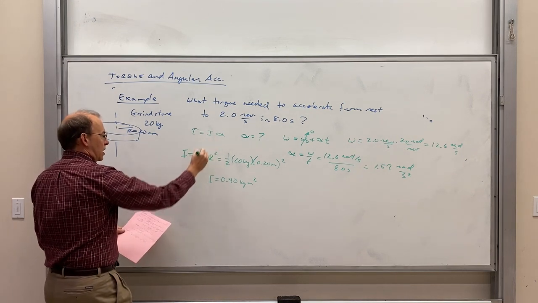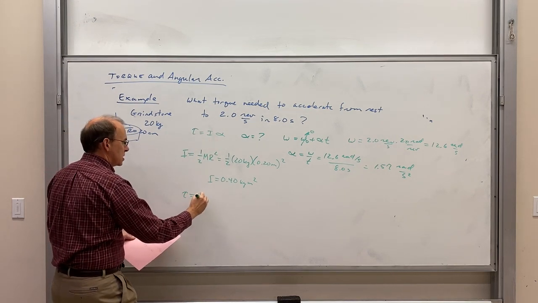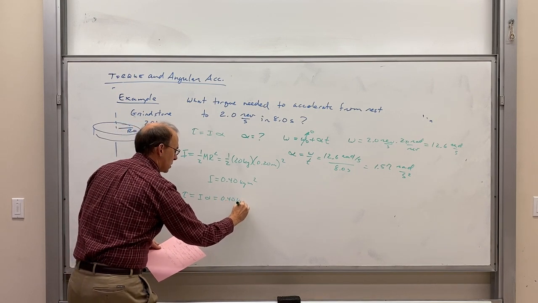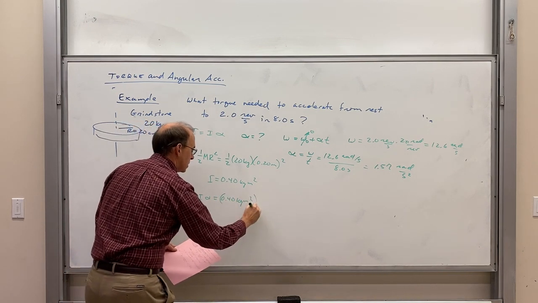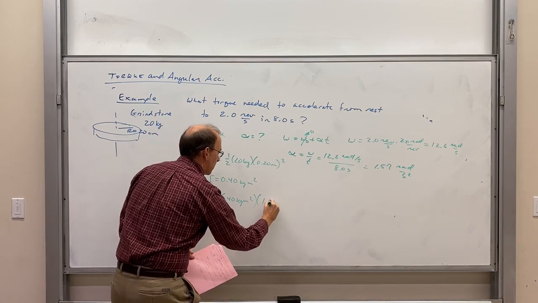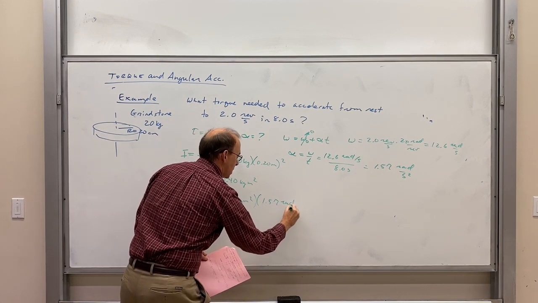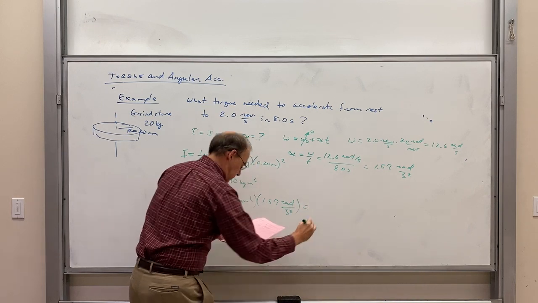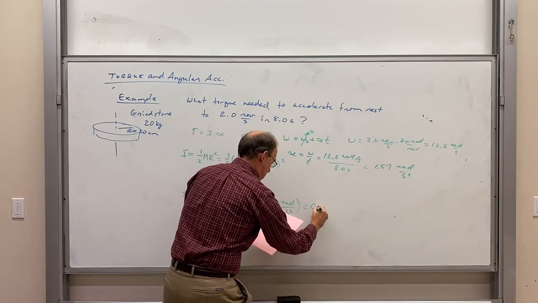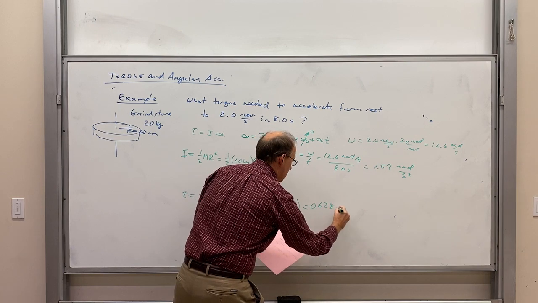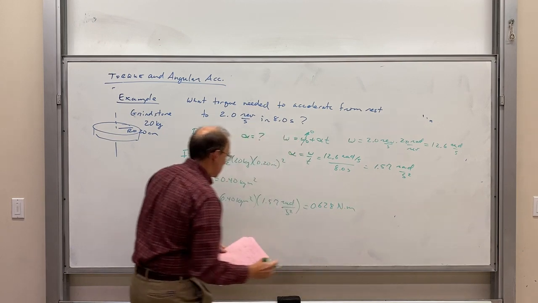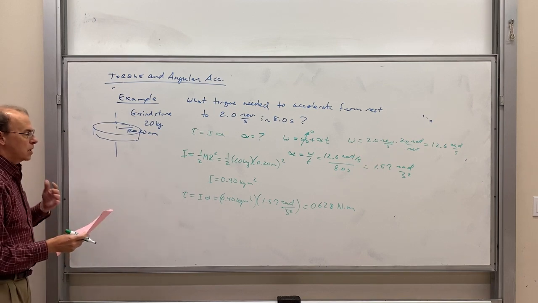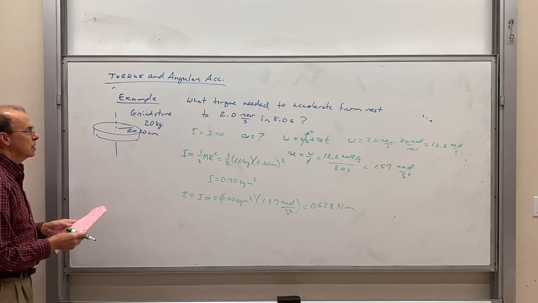Now I know alpha, I know I, the torque is very easy. I alpha is 0.4 kilogram meter squared times 1.57 radians per second squared. That's 0.628. The units come out as Newton meters. That's not obvious, but they do. So there's the torque. That was my question.